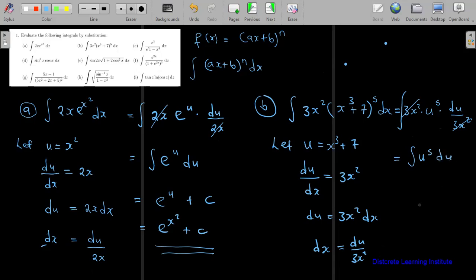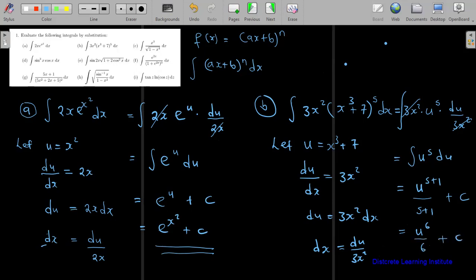So you now have an easy integral, which you can integrate by remembering that when you're integrating, you add 1 to the power and then divide by the same. So that's u to the power 5 plus 1 over 5 plus 1. This is an indefinite integral, so we add the plus c. This will now be equal to u to the power 6 over 6 plus c.